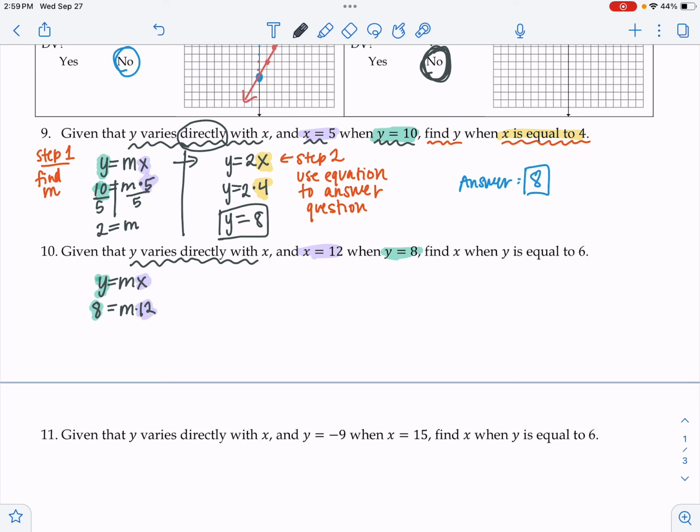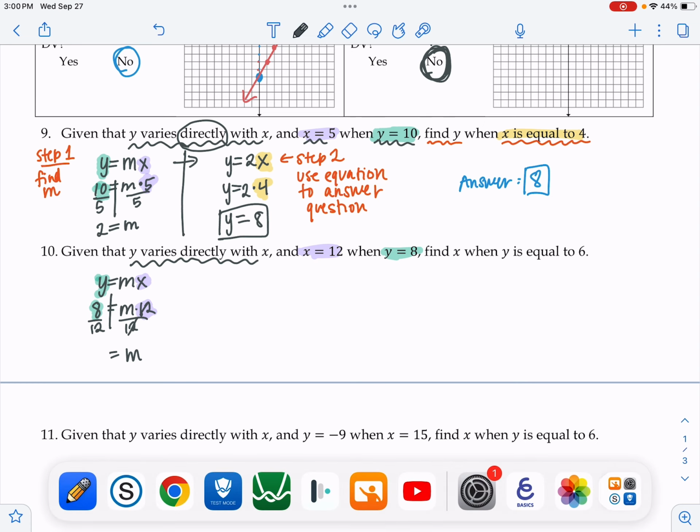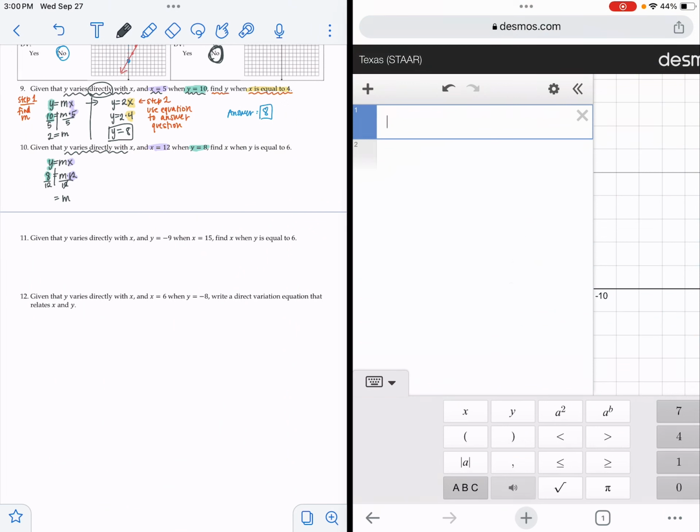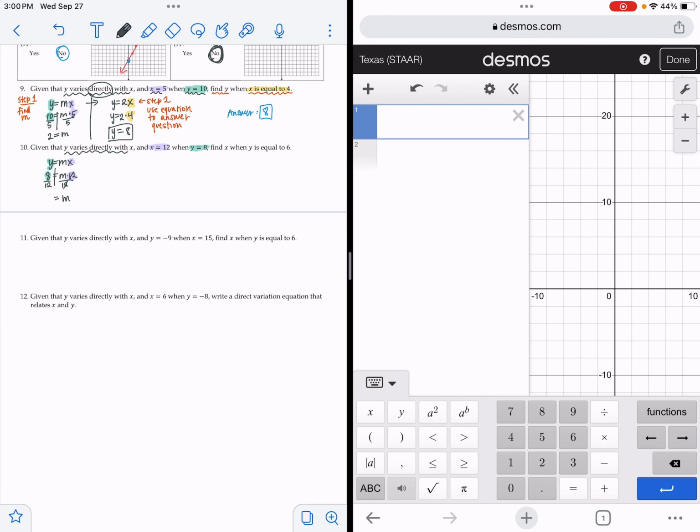So to solve for the m, I just need to divide by that 12 on both sides. And 8 divided by 12, you could do that in your calculator. I like to use Desmos test mode. And so 8 divided by 12.